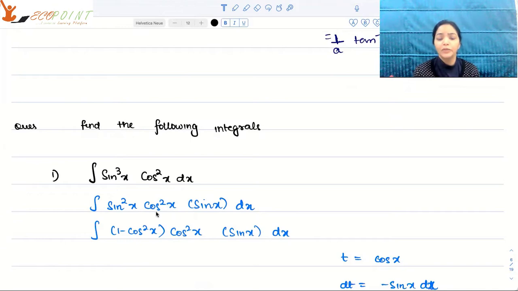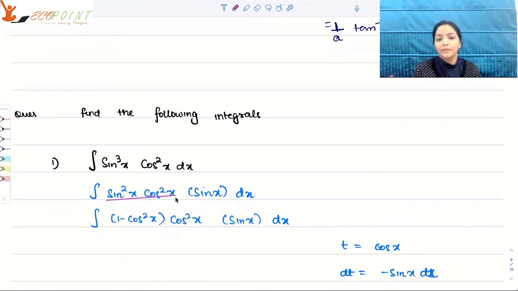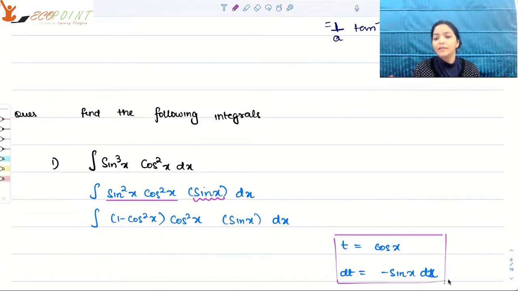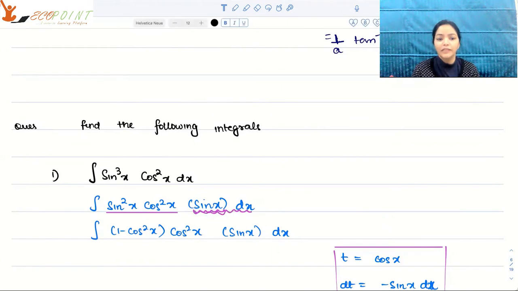We will keep sine square x, cos square x, and keep one sine x outside. If we take t as cos x, dt becomes minus sine x dx, which means I can now convert this entire thing in terms of t.